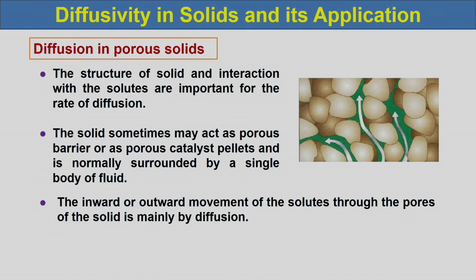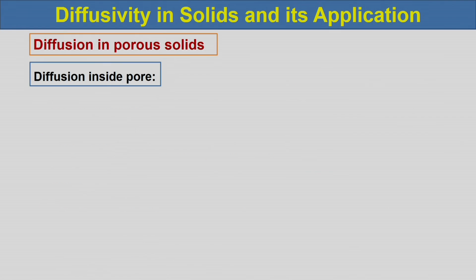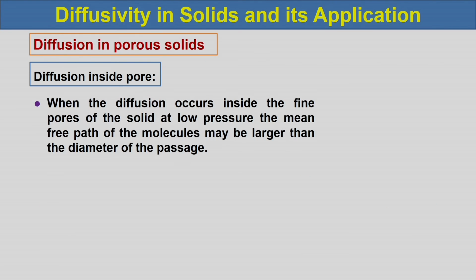The inward or outward movement of the solutes through the pores of the solid is mainly by diffusion. This movement may occur inside the pore or at the surface of the adsorbed solute. Now, diffusion inside the pore.